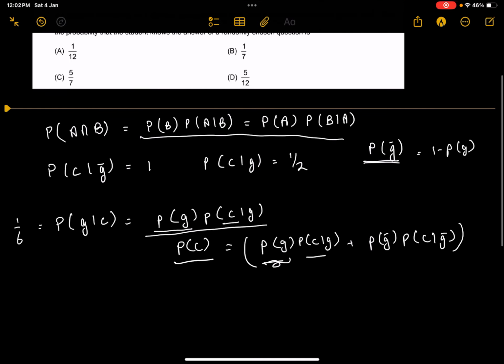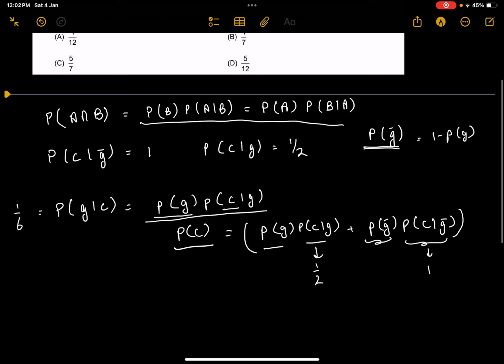Now P(G), we are required to find P(G). P(C given G) is given to be half. P(G bar) is 1 minus P(G). P(C given G bar) is 1. P(G given C) is 1 by 6. So we have 1 by 6 is equal to P(G), which we are required to find.